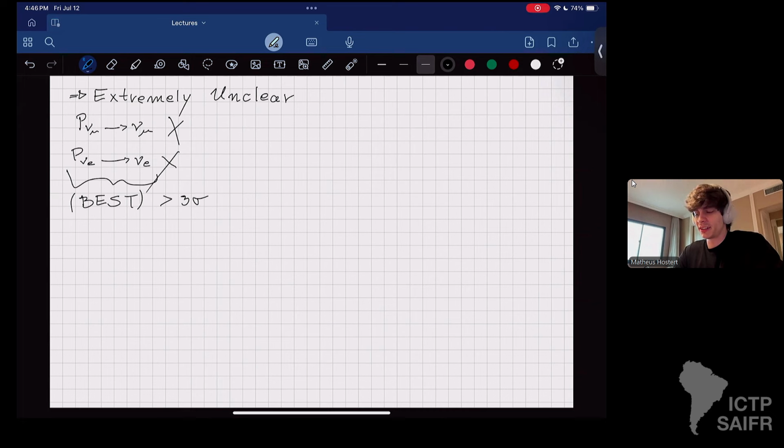So it's much harder to link it to an oscillation feature. So this is still an open question, whether these eV sterile neutrinos actually exist. There's a lot of research about that out there.